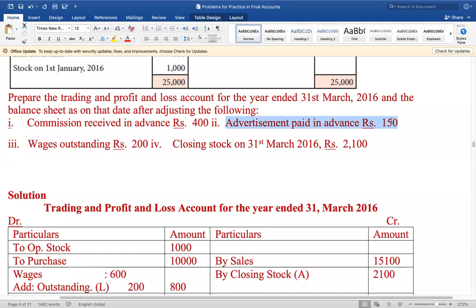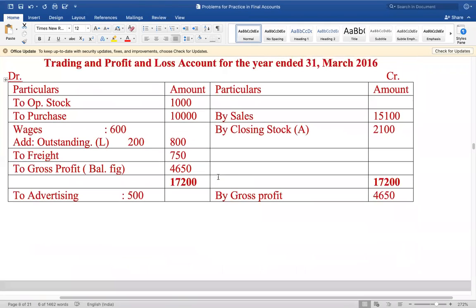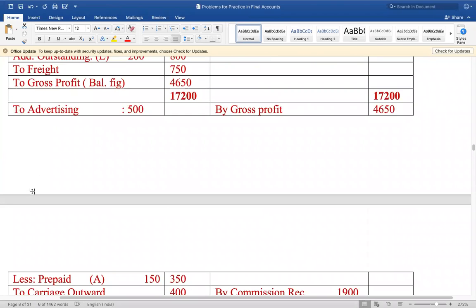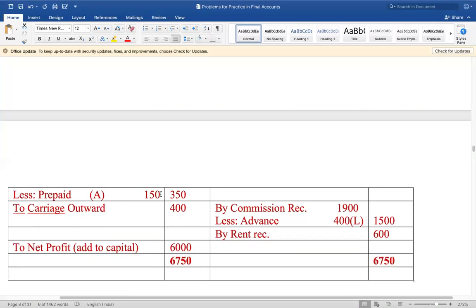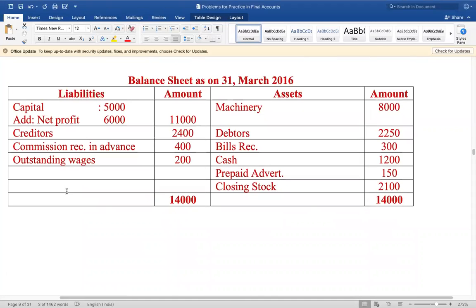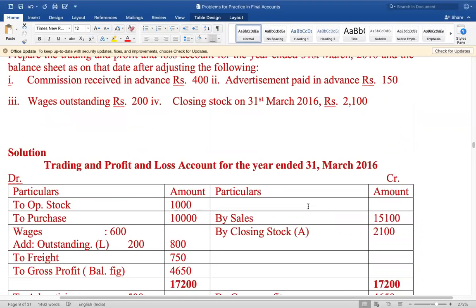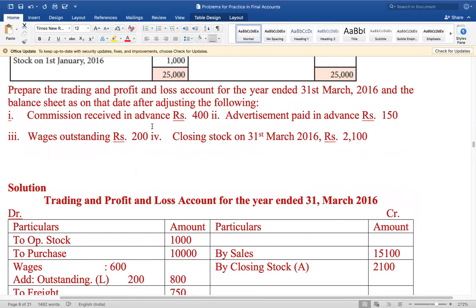Now let's come to the next. Advertisement. You have deducted the prepaid portion from advertisement expenses. This is one effect. The other effect is an asset. Similarly, commission received in advance.